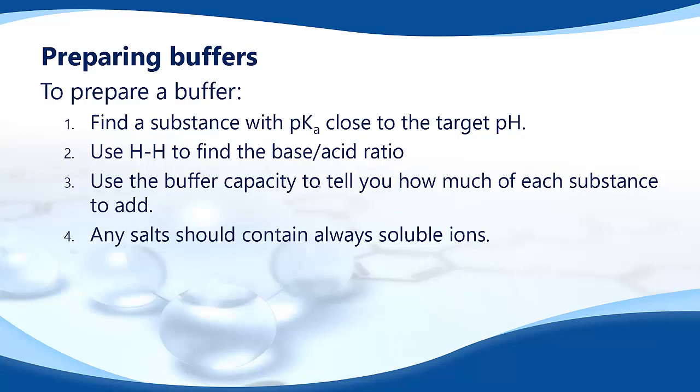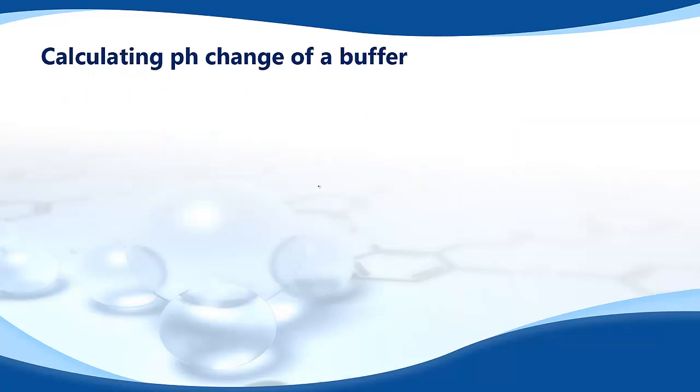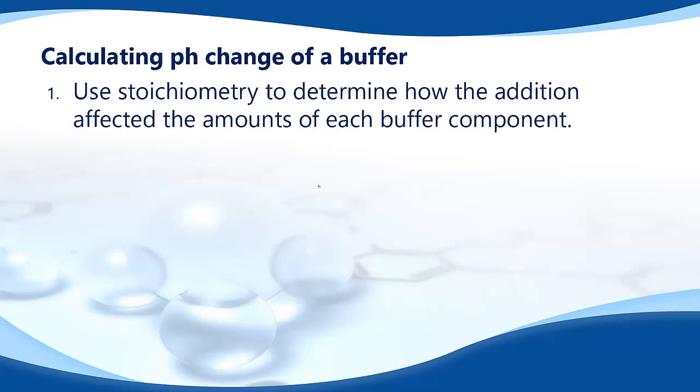Again, hopefully we'll have some chance to do that in class. Now, one of the interesting calculations we can do is to calculate what happens to the pH of a buffer as we add acid or base to it. This isn't as bad as it seems. All you do is just do some stoichiometry, right?